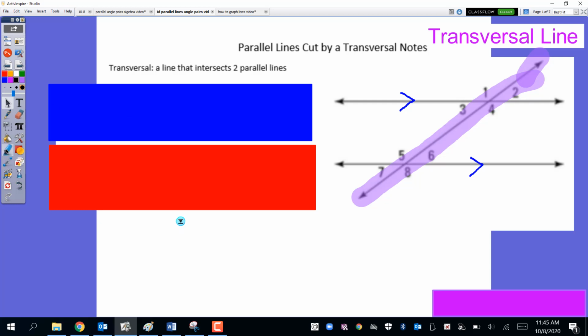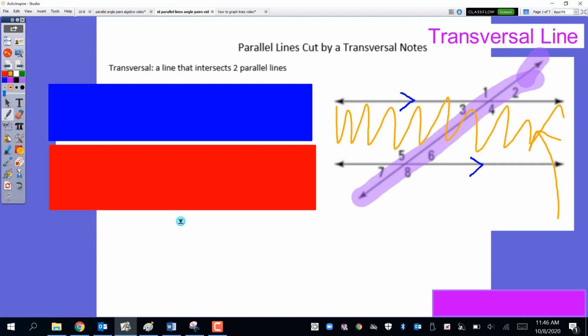First of all, we need to know that we have the angles on the inside, in between these two parallel lines. If I lightly shade the space in between the two lines, that is called the interior. Interior, just like interior paint is for the inside of your house.